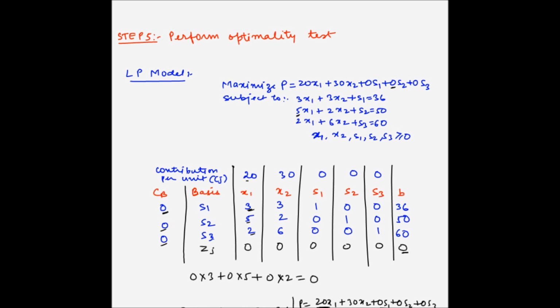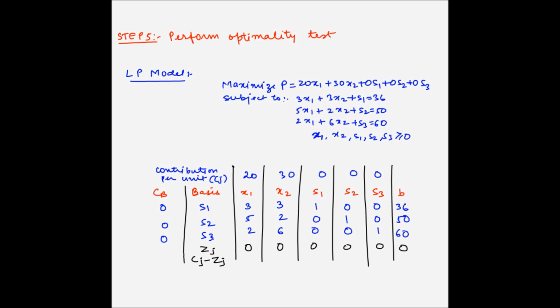Now the next row is Cj minus Zj. Let me clean this up. This row is known as the net evaluation row and is obtained by subtracting column wise the Zj values from the Cj values. The value of this row represents the net profit in the value of the objective function for each unit of the column variable being added into the product mix.